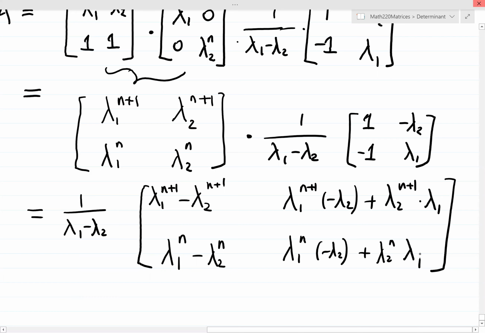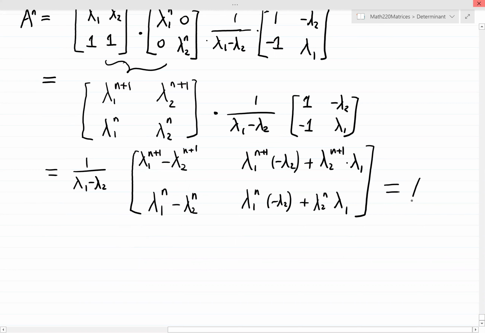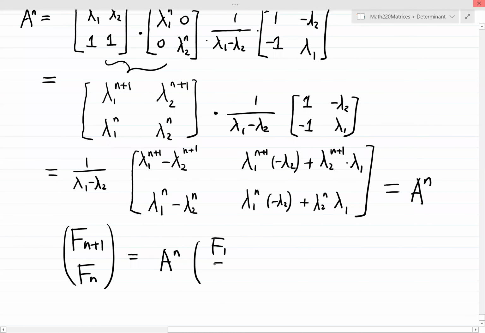Okay, all right. Now you see, this is A to the power n. So finally we get F(n+1), F(n). This is A to the power n times F1, F0. So this will be A to the power n times 1, 0.